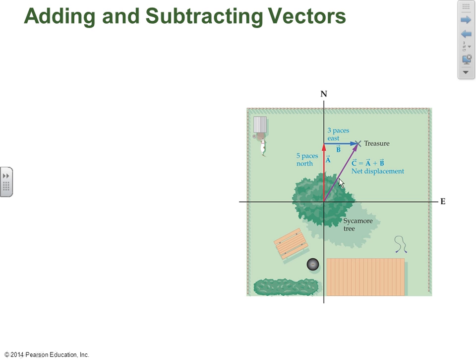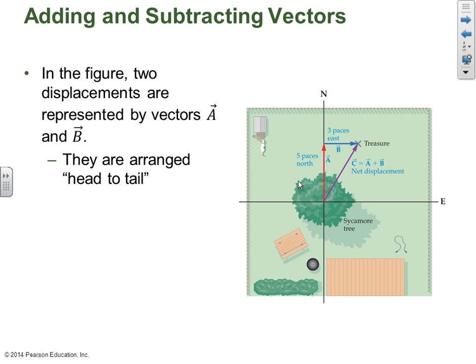This purple vector right here represents the sum of these two vectors, because first thing we did was arrange vectors A and B head to tail. Notice, B starts right where A finishes, and that's the head to tail arrangement that we need in order to add vectors together. So first we line them up correctly.